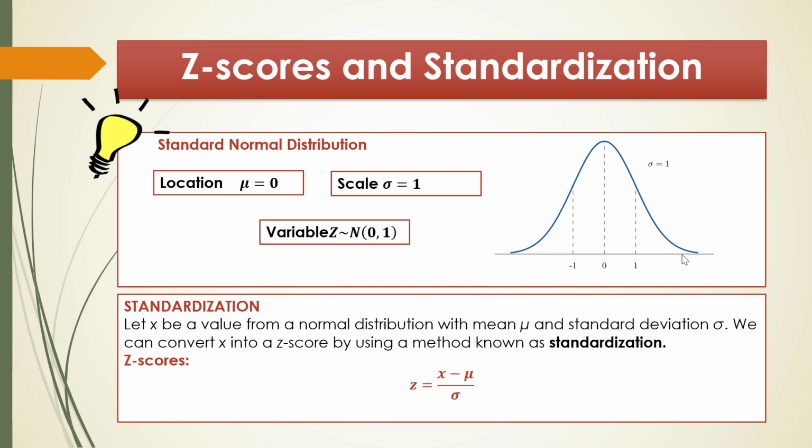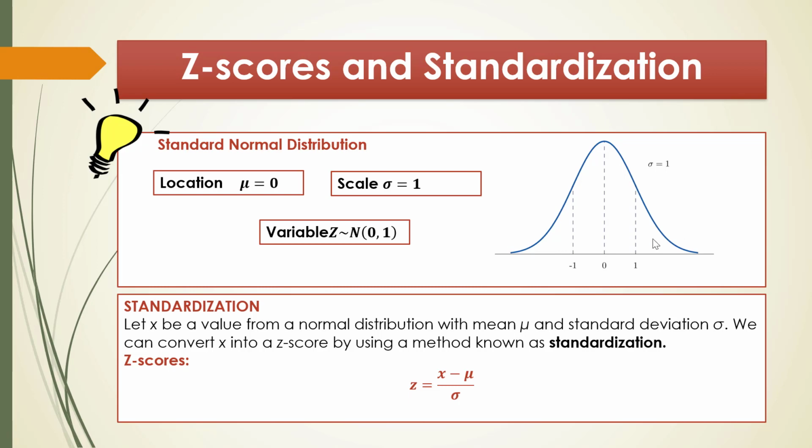So let x be a value from a normal distribution with mean mu and standard deviation sigma. We can convert x into a z-score by using a method known as standardization. The z-score z is x minus mu over sigma.